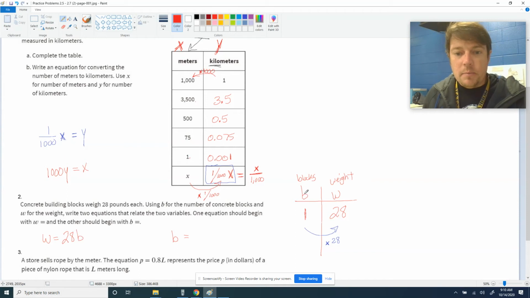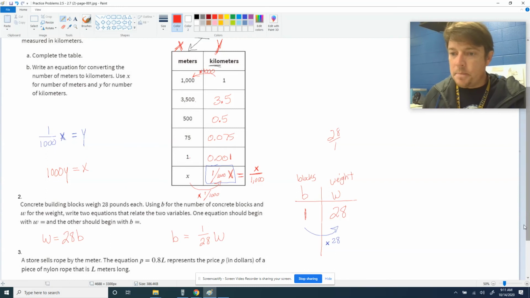Because you're multiplying B's times 28 to get the W's. And then vice versa, if you flip-flop those, B's and W's switch, then you're going to use 28's reciprocal. 28's reciprocal is 28 over 1 flipped. So B equals 1 over 28 times W. No need to change that into a decimal. Just a waste of time.